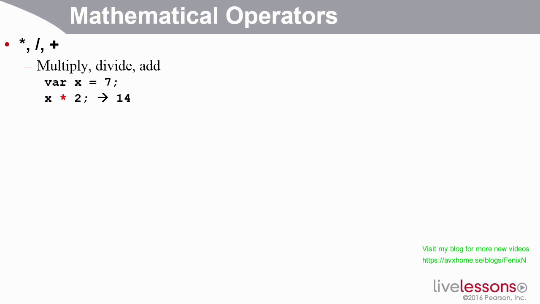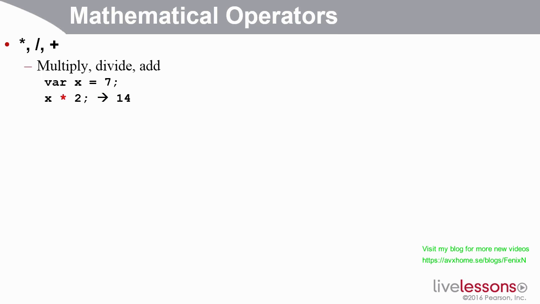All right, mathematical operations. You have the asterisk, which means multiplication, the slash, which means division, and the plus sign, which, if both the thing on the left and the right are numbers, means addition. Also, I'm going to have the convention that when I show code samples in the slides, this little arrow means returns.